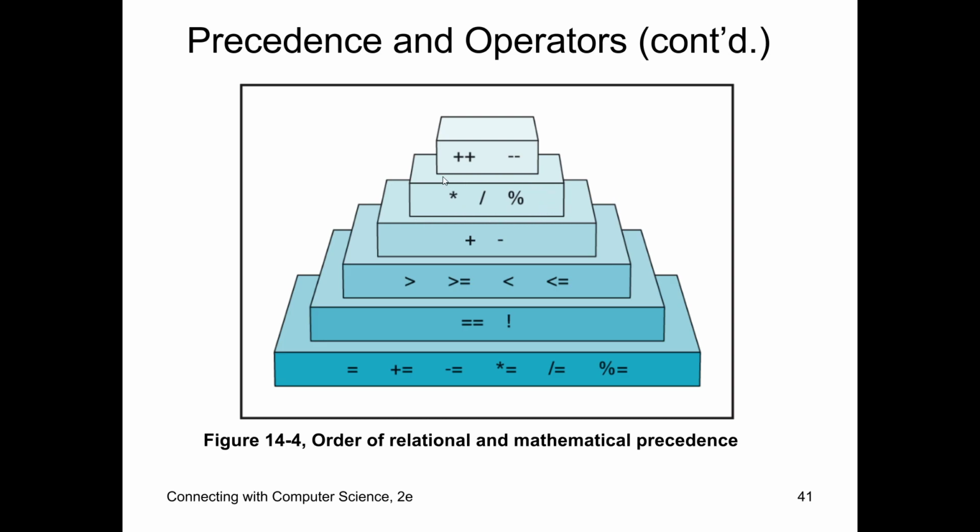So then multiplication, division, modulo, then addition, subtraction, then your comparators here, then your equal comparator. Notice that, and this is what I was talking about before, greater than and greater than or equal to are higher in precedence than the equal or not equal. And then at the very bottom here, you have your plus equal, your equal. These are your assignment operators down here.